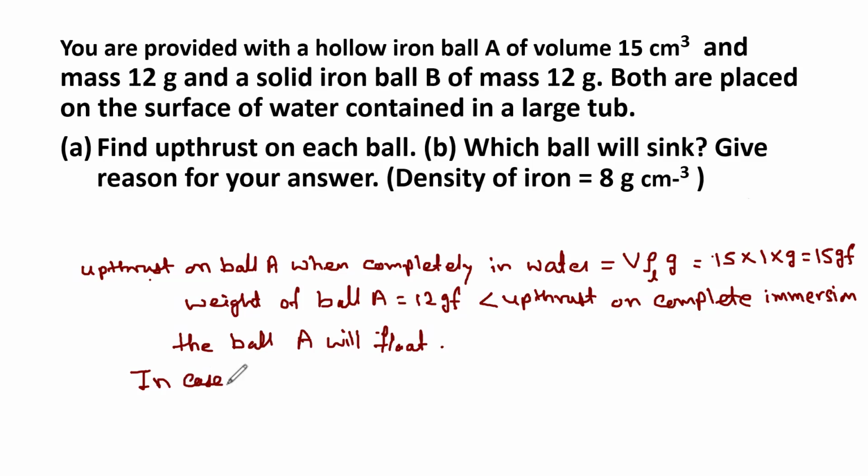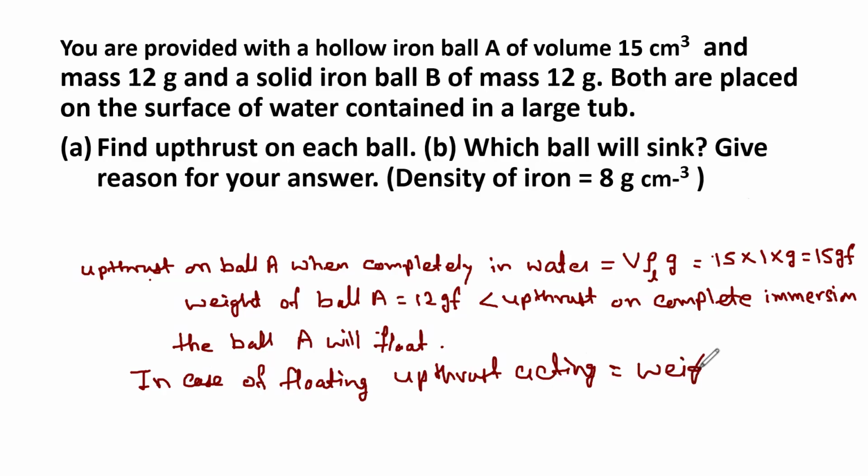Okay. So in case of floating, when a body is floating, then the upthrust acting will be equal to its weight. Okay. So here the upthrust on A we can write: upthrust on A will be equal to weight, that is 12 gram force.